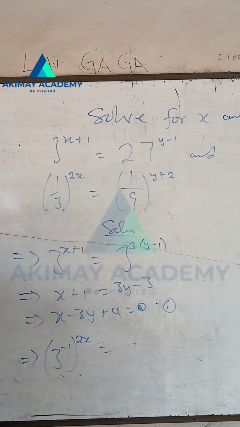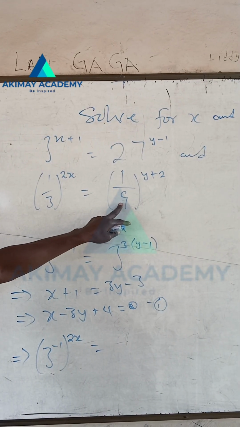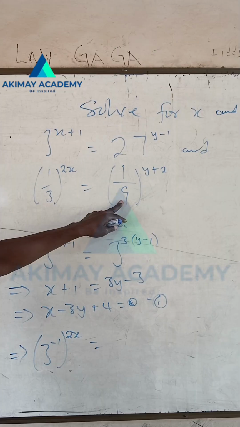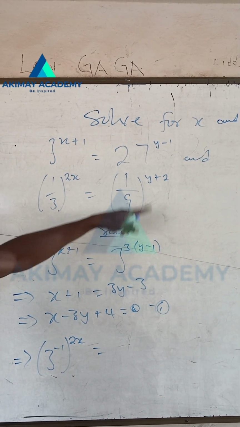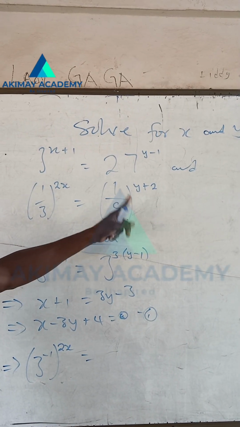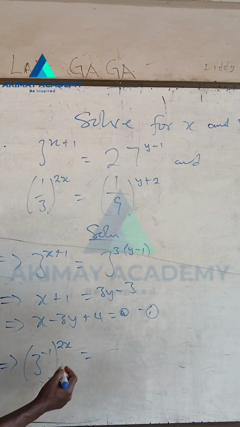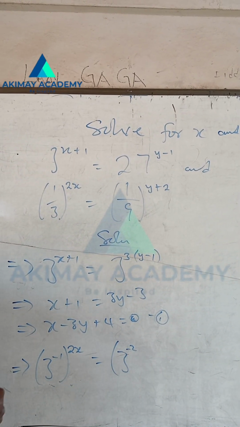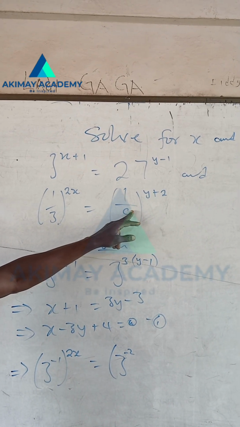And this one should be equal to, we know 9 can be broken down in terms of indices as 3 exponent 2. Then this 3 exponent 2, when we send it to the numerator, it's going to give us 3 exponent negative 2. So down here, the 2 will be positive.